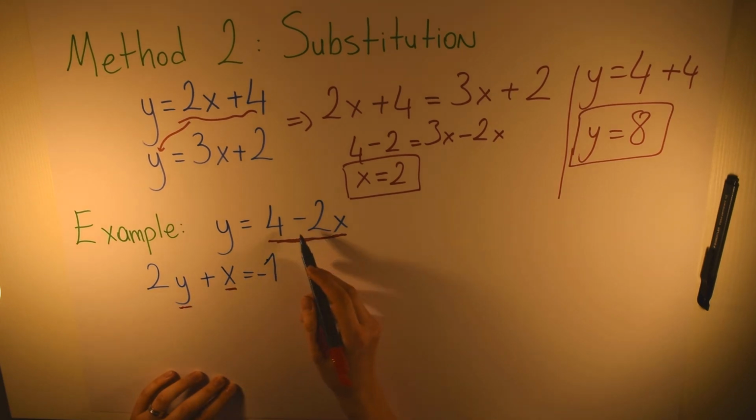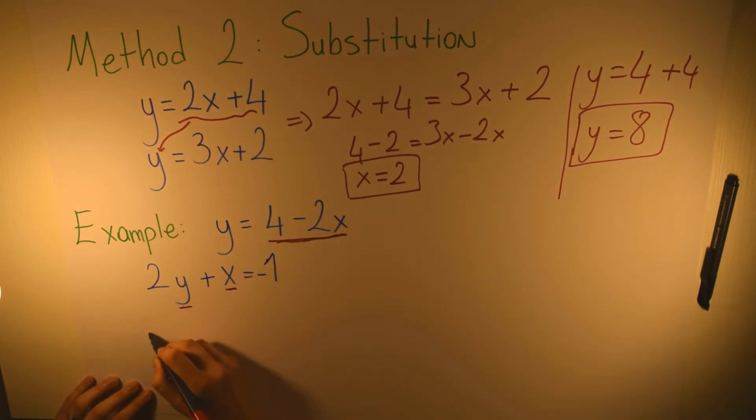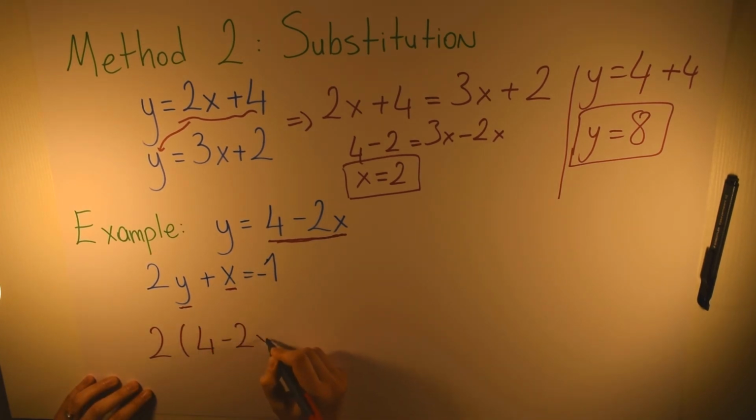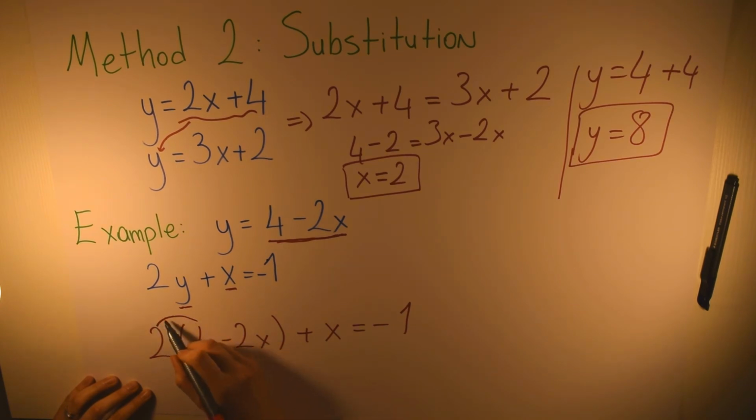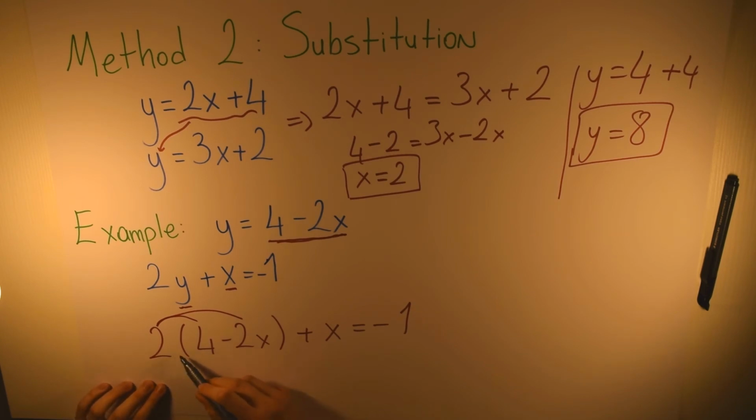So let's do that. Instead of this y, I put this expression. We have 2 times 4 minus 2x plus x is equal to minus 1. And after that I distribute by multiplying, and from here we have 2 times 4, it's 8. 2 times minus 2x, it's minus 4x, plus x is equal to minus 1.